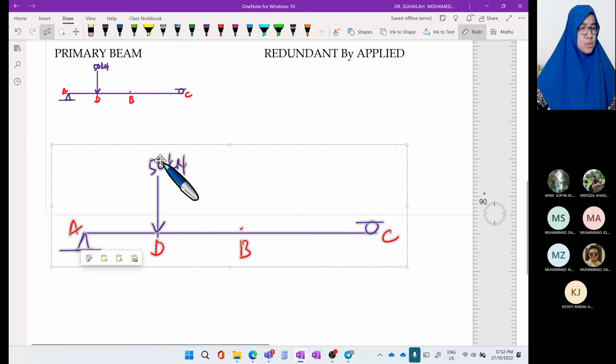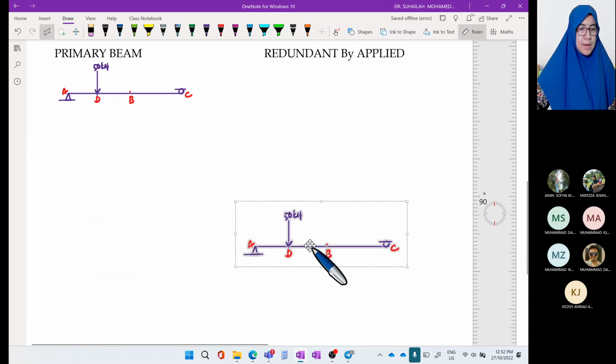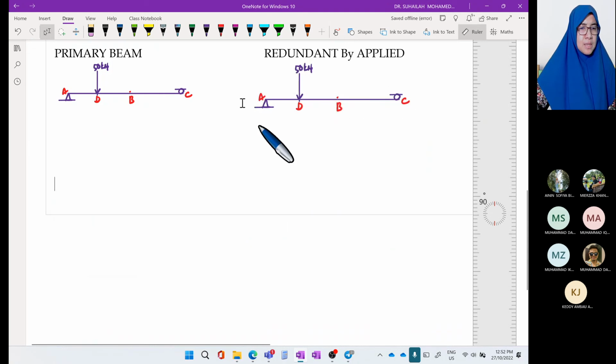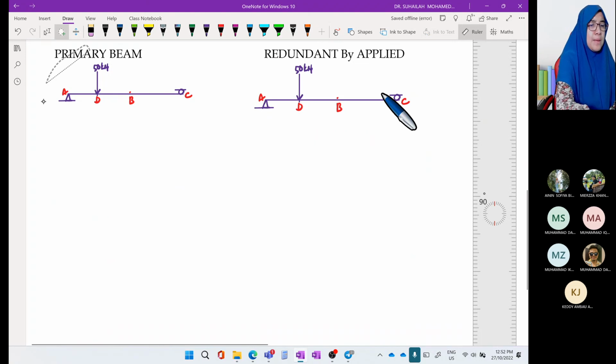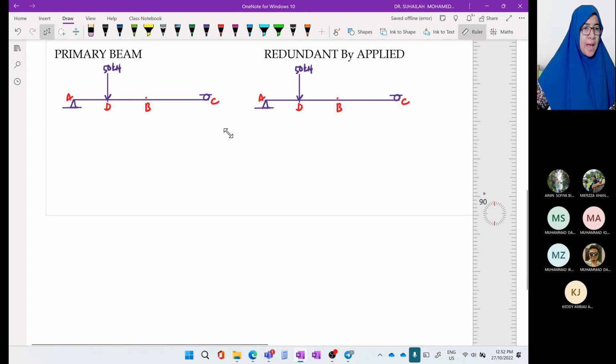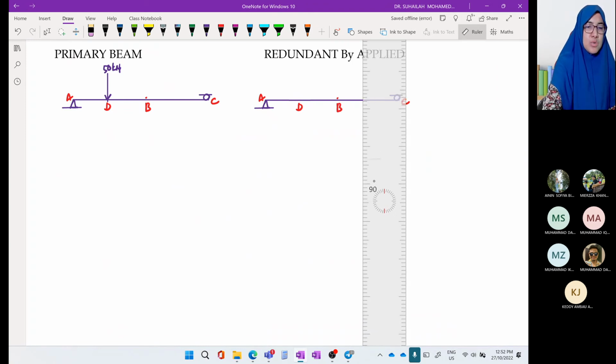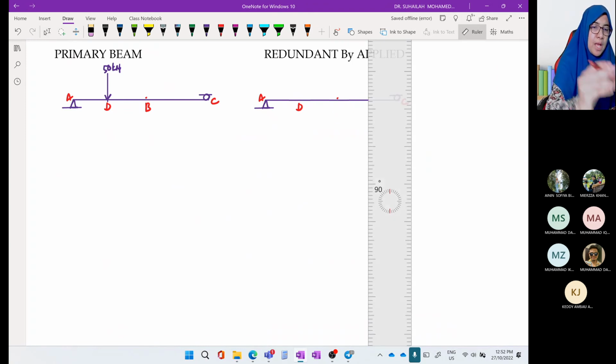Okay, number two is redundant BY applied. Redundant BY applied has the same diagram. Both the primary beam and the redundant beam have the same diagram, except only the loading is different. So here there is no loading, no external loading. What is there is a unit value of BY.